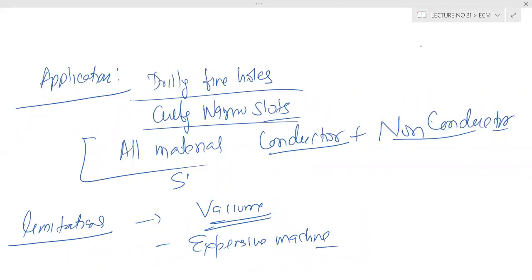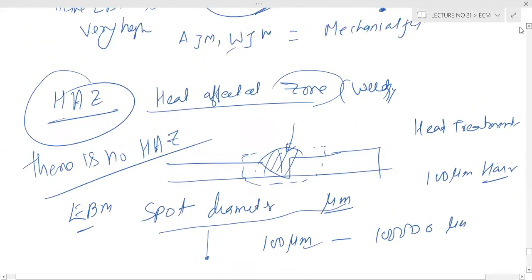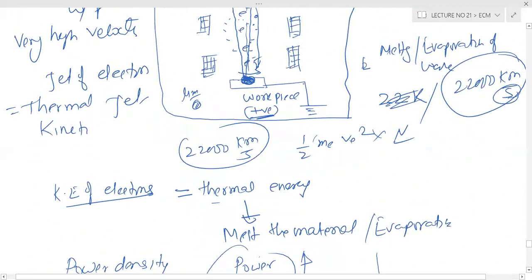The purpose here is to make contact of the electron with the workpiece, and that the magnetic lens does.